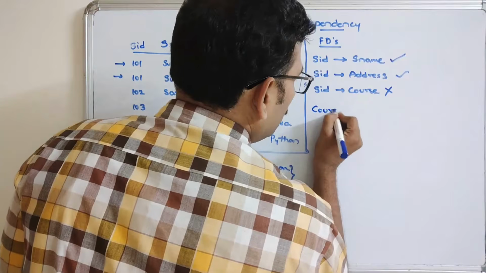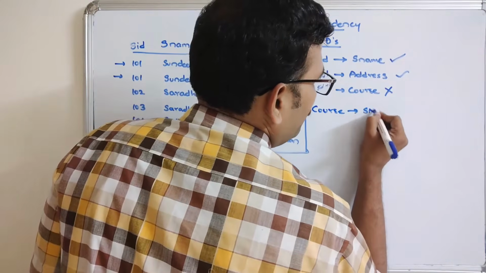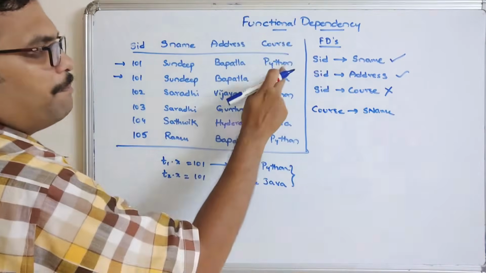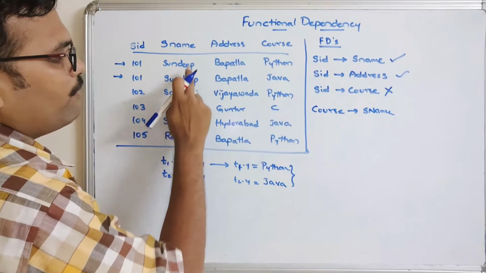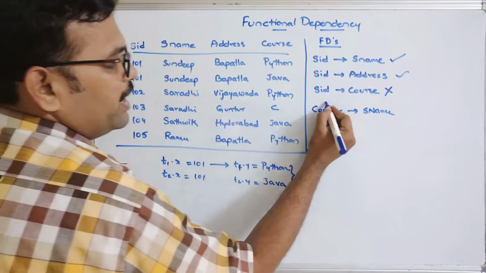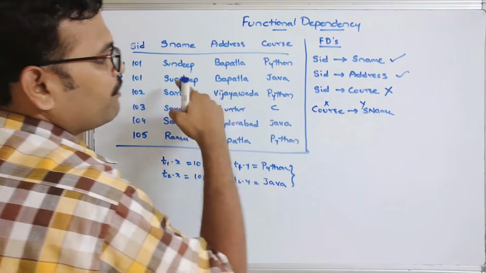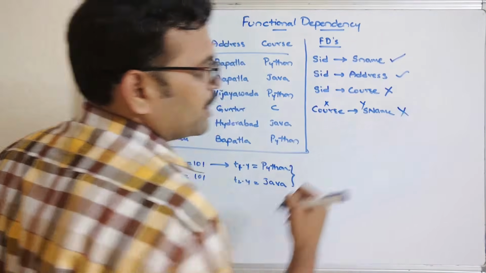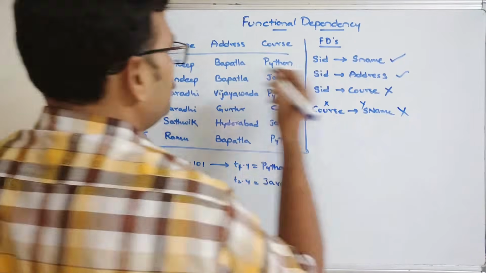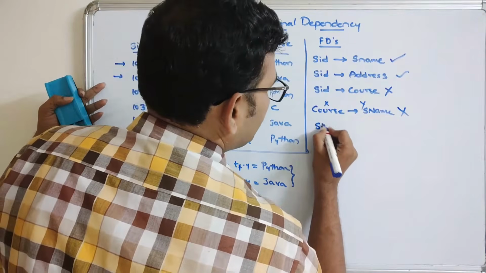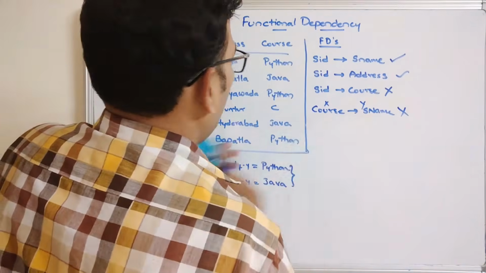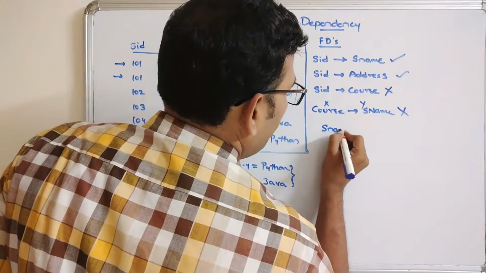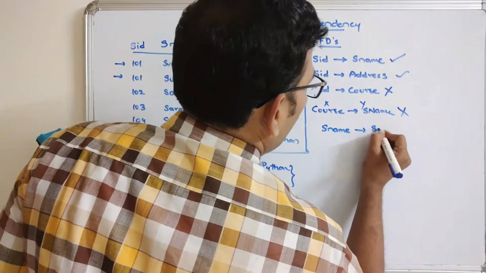So consider course and SNAME. Python, so different Y values. Here it is X and here it is Y. So different Y values, so this also we can't consider. Similarly, SNAME determines SID.